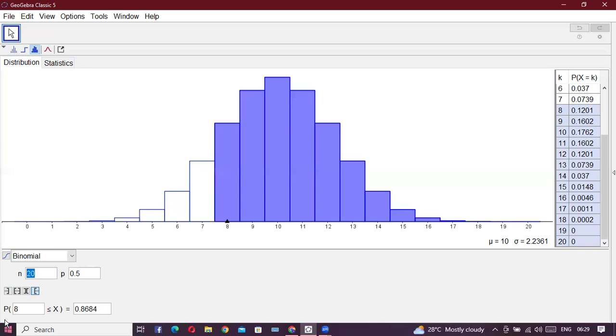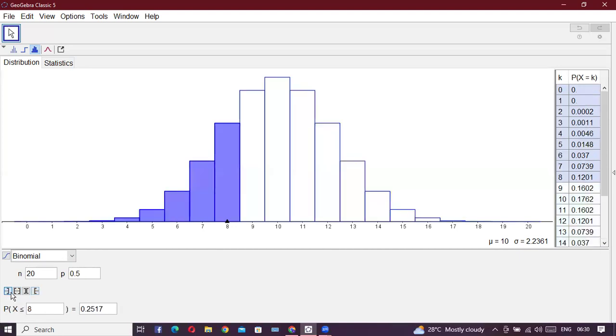The small p is the probability of success, so you must get it from the question and put it here. Once you have fed the correct data to GeoGebra, you can ask your question and GeoGebra will do the calculation for you.